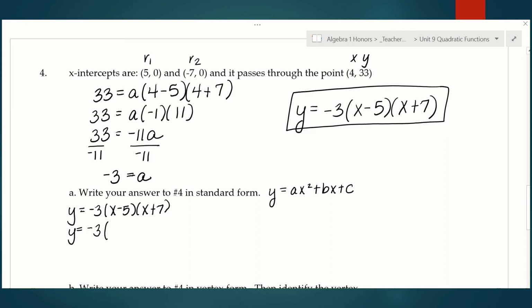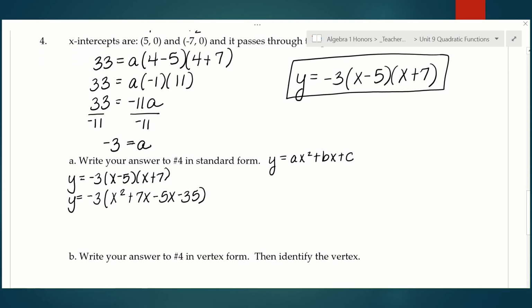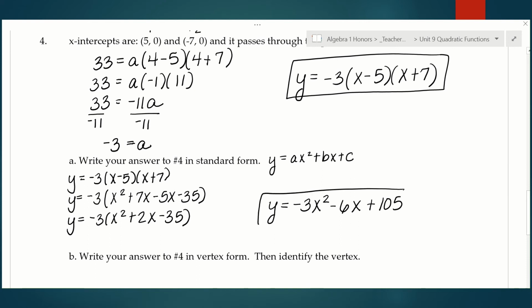And so when I multiply those two binomials together, I'm going to get x squared plus 7x minus 5x minus 35. And then before I distribute that -3, I'm just going to combine like terms here to get 2x in the middle. Okay, so my last step is to actually go ahead and distribute the -3. So -3x squared minus 6x plus 105. So that is my standard form.